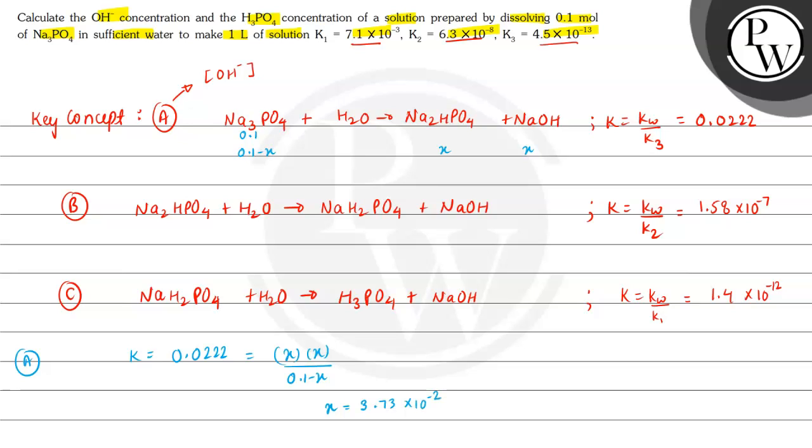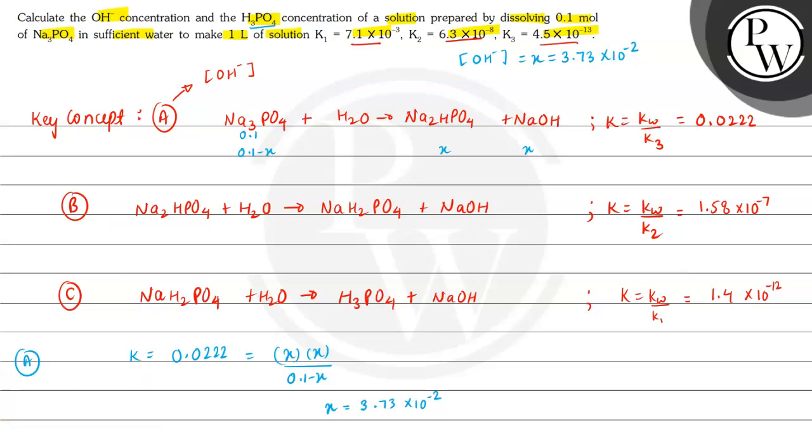And in this case, the OH minus concentration is equal to X, which gives the value as 3.73 multiplied by 10 raised to power minus 2. Now we have to find the concentration of H3PO4 in this case.